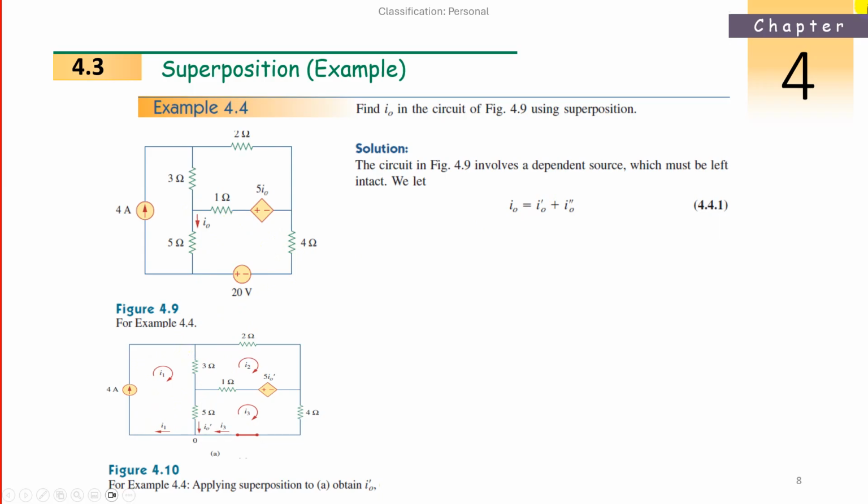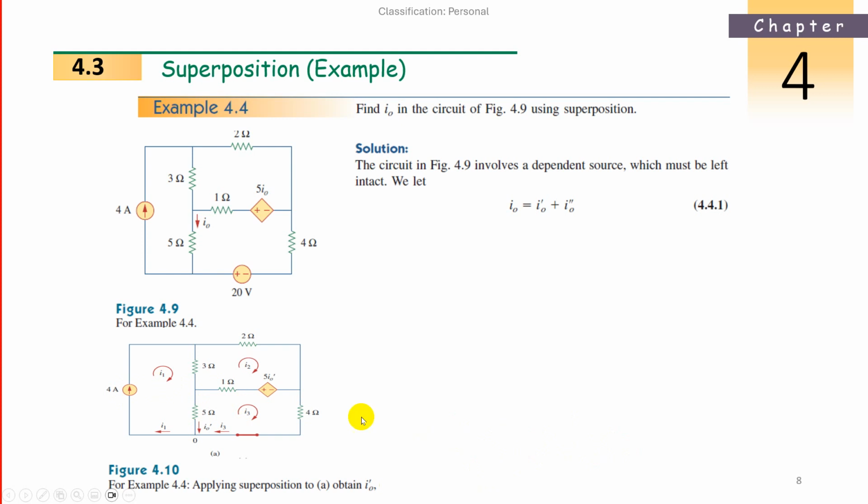Now we have to write the loop equations. There are 1, 2, 3 loops, so we have to write 3 loop equations. In this I1 loop, as per your super mesh, the current source is not in between two loops.